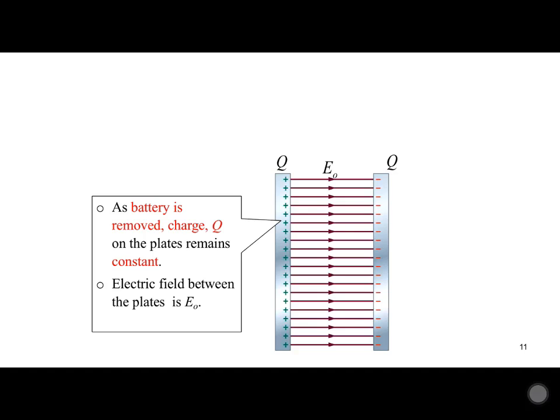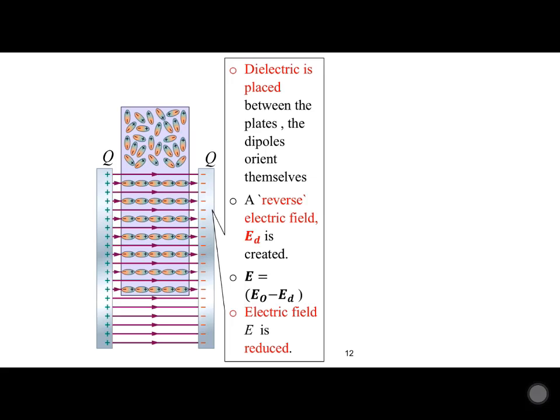Okay, and since the charges remain, there will always be an electric field in between them. For the isolated case, when the dielectric is placed in between the plates, the dipoles of the charges will orient themselves to align with the positive and negative charges of the two plates.